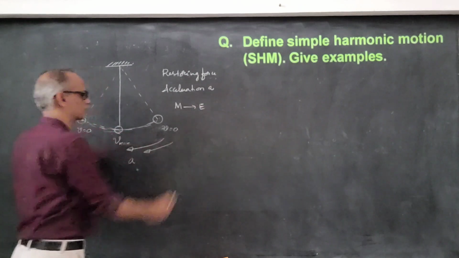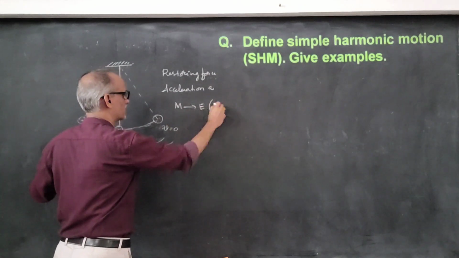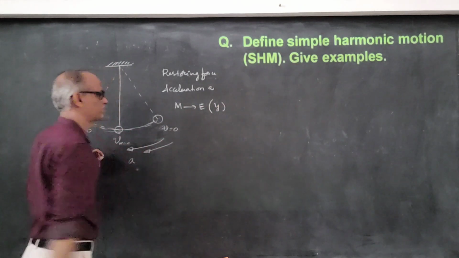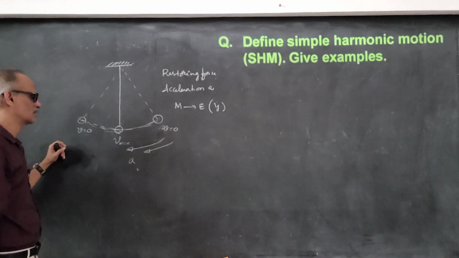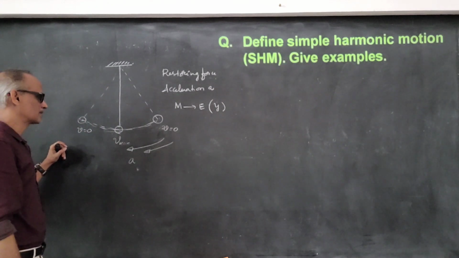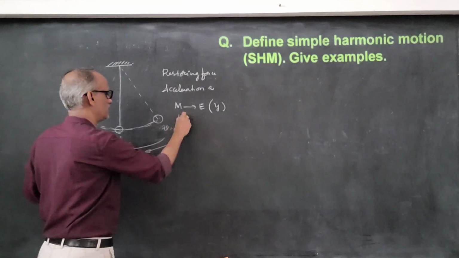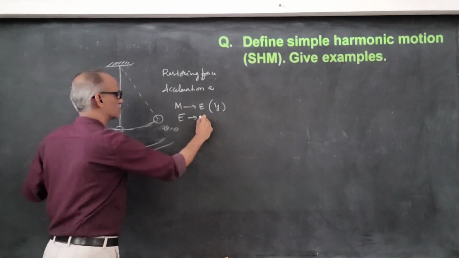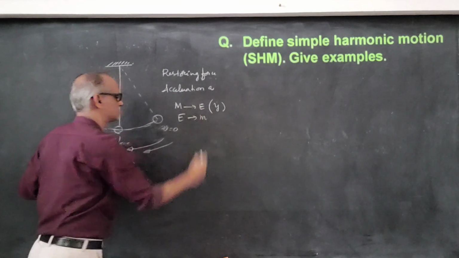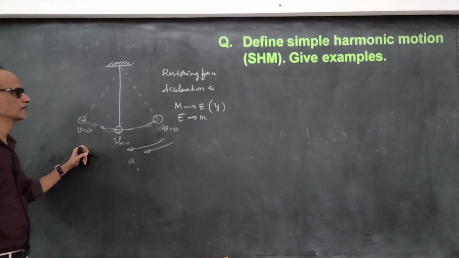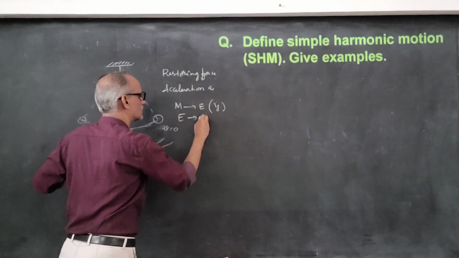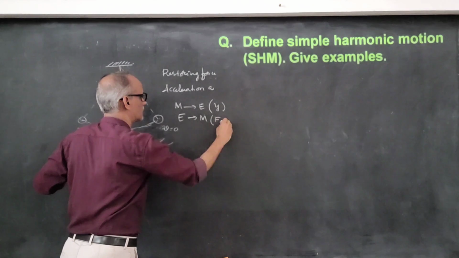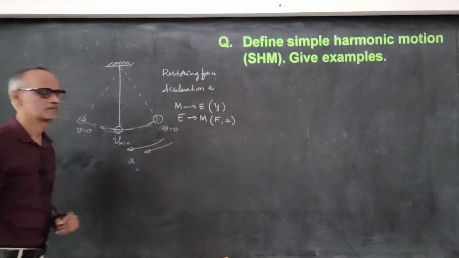And now you can see the displacement of the body from the mean position to the extreme position. That is the displacement, which I am going to write as y. You can consider it as x as well. Whereas the acceleration is from the extreme position to the mean position. So that is the force as well as the acceleration.